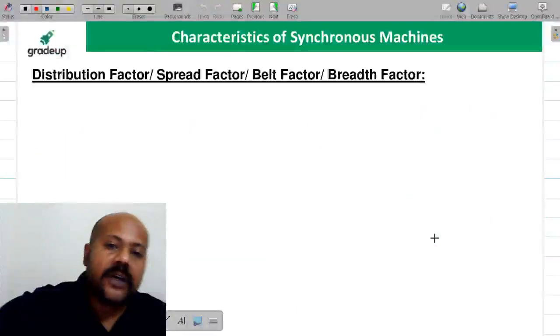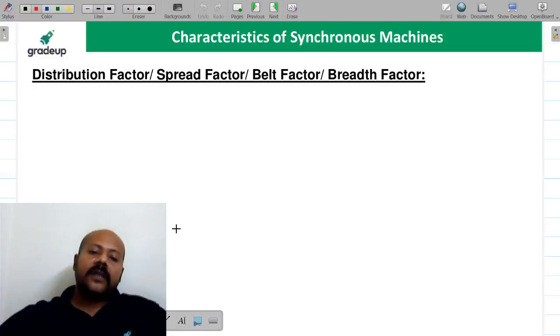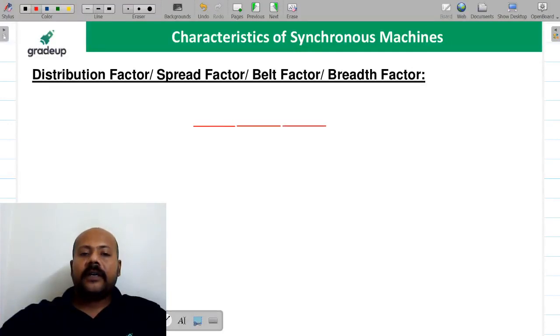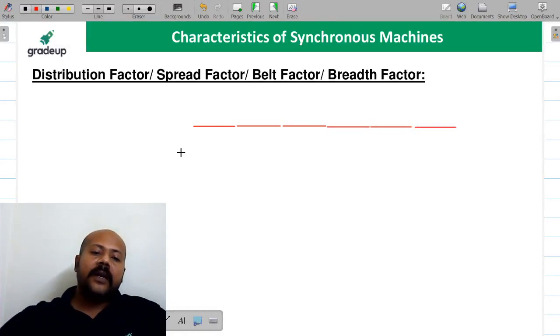Now suppose it is a concentrated winding. If it is a concentrated winding, it is going to be how much? Anik Mitra, see here. If it is a concentrated one, there is going to be no phase displacement, so all the EMFs are going to be algebraically added like this.